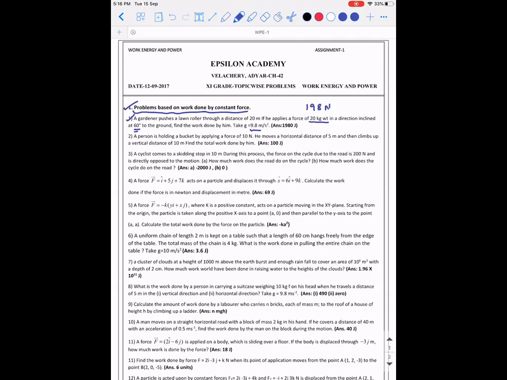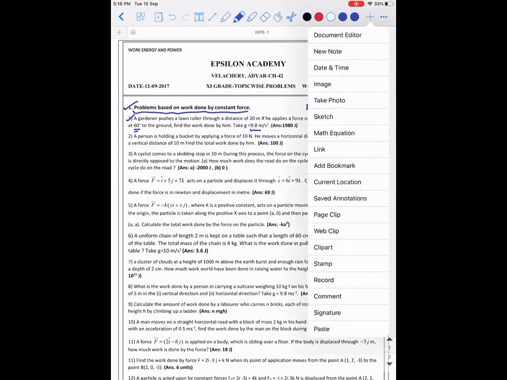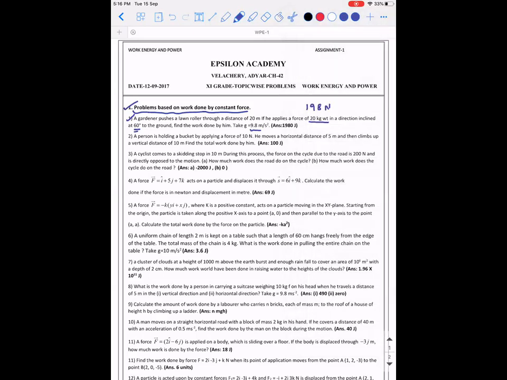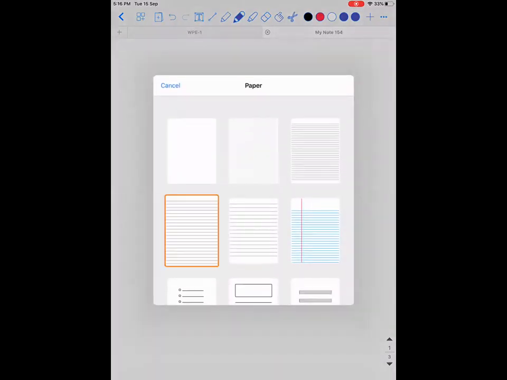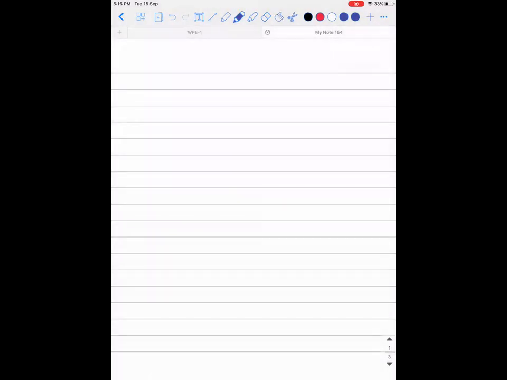Okay, so having this question in mind, based on work done by constant force, what is the first question?